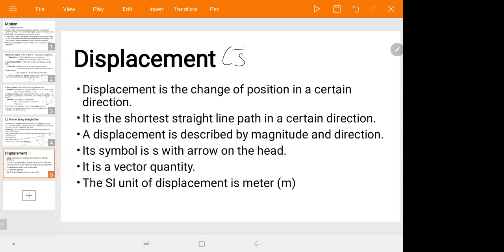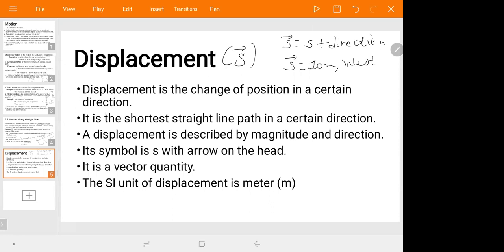Displacement can be symbolized by s with an arrow on its head. For example, displacement is equal to 10 meters at what direction? Maybe west or east or north or up or down. If a change of position is described with a direction, we call it displacement. Therefore, displacement is equal to distance plus direction.